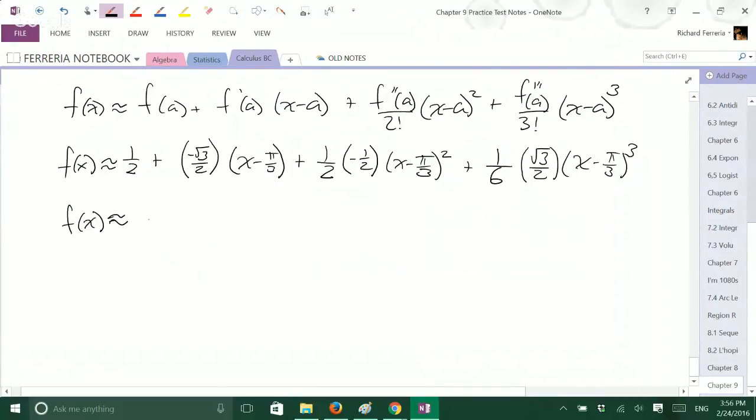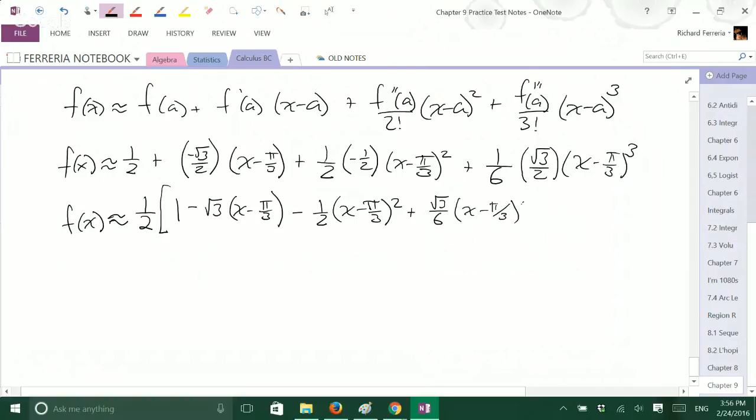So just to respect the answer key a little bit, we'll just factor out that 1/2. That's that 1/2 there. So we'll get a 1 minus root 3 times (x minus pi thirds), minus 1/2 times (x minus pi thirds) squared, plus root 3 over 6 times (x minus pi thirds) cubed.